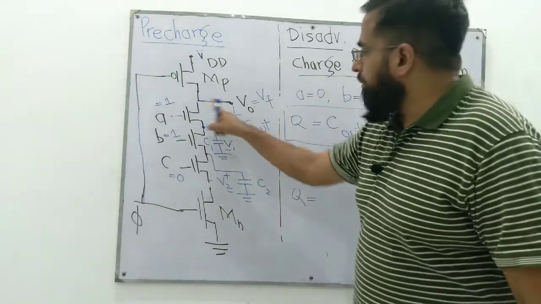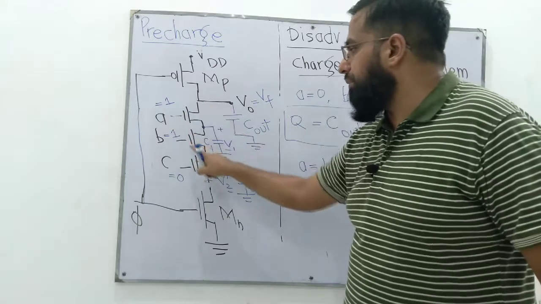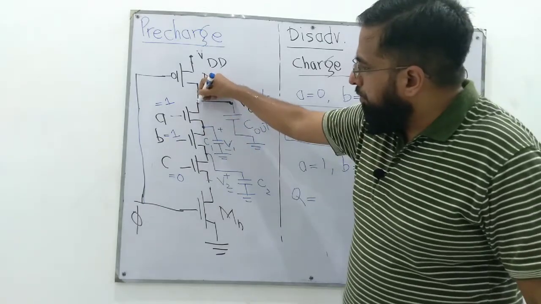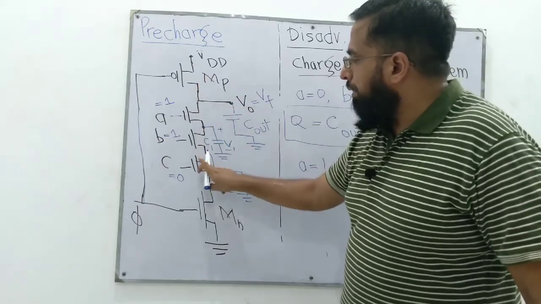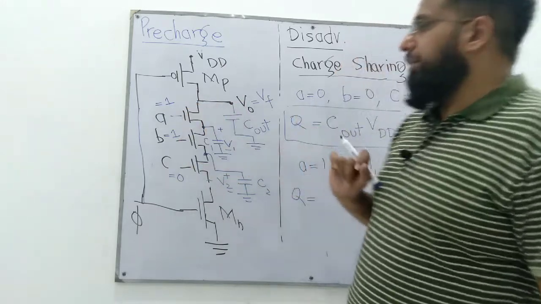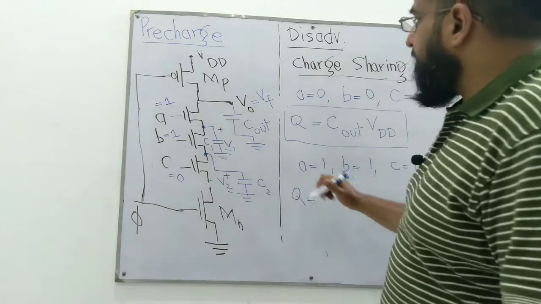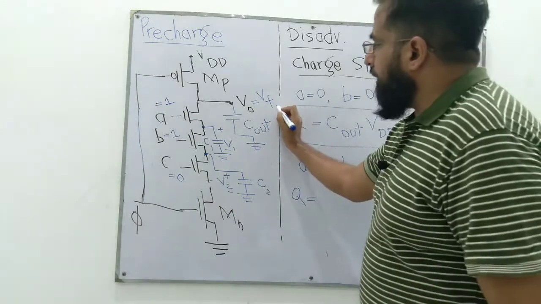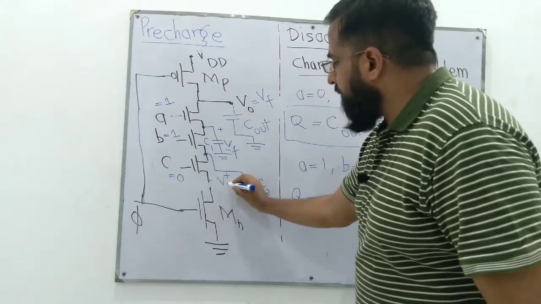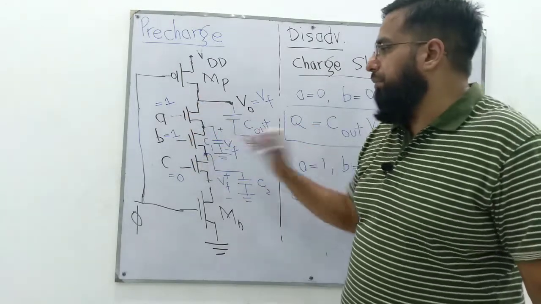If Rn is 0, this capacitance and this capacitance come in parallel. If we have 0 resistance here and 0 resistance here, all these three terminals are the same node. So assuming that Rn approaches 0, Q is, since they are the same terminal, this Vf appears here, this Vf appears here, and the same Vf appears here. Assuming there is no resistance, they are the same node.